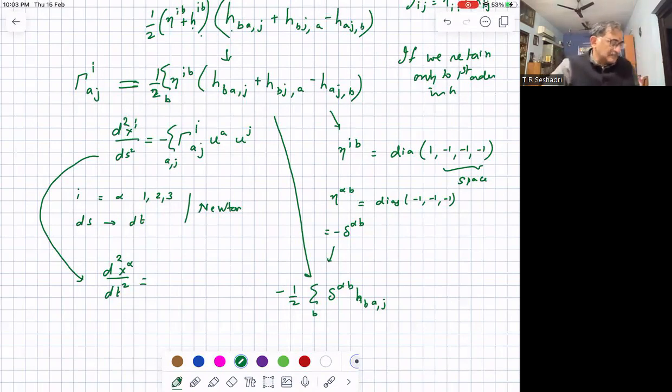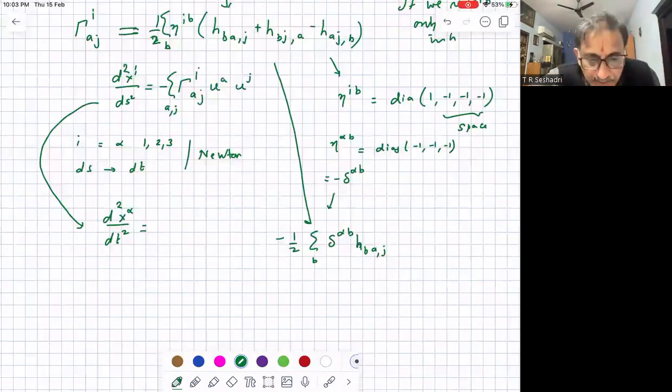I'll take it next time, because it will be very long actually. Basically I will have to substitute for all this in terms of H. Then I will have to take the limit of small h and space independent. I will tell you the expression I will get, and then I will do it next time.